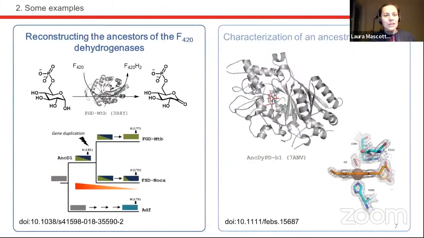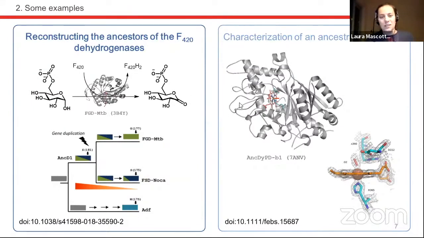So in this context, in the last years, we have been working with different protein families. For example, here we performed ASR on the F420 dehydrogenases, which are enzymes very attractive from the biocatalytic point of view. And we were able to understand how they have developed a very specific substrate specificity for glucose 6-phosphate, which are the residues responsible for that.